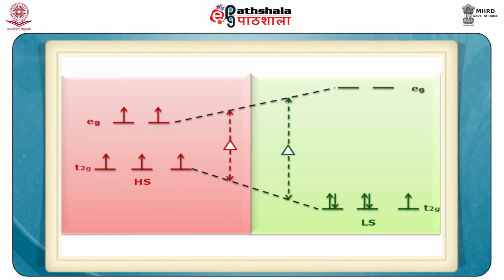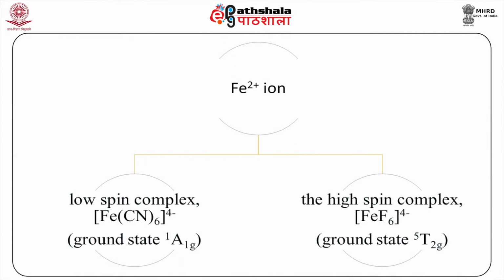Depending on the ligands that are coordinated to this complex, the Fe3+ can attain a low spin or a high spin state. As we can see on the screen, consider the low spin complex hexacyano iron(II) and the high spin complex hexafluoro Fe(II). The Tanabe-Sugano diagram of these two complexes is shown here.